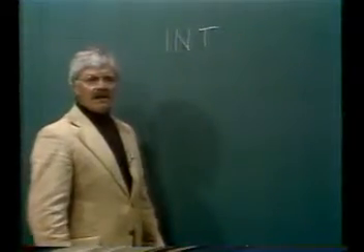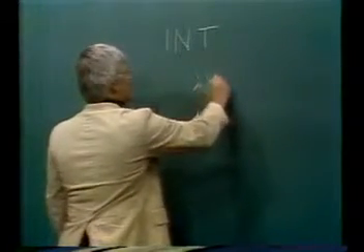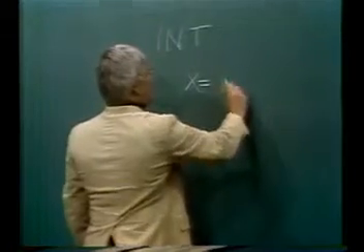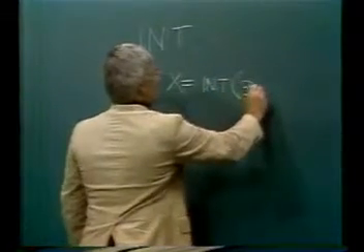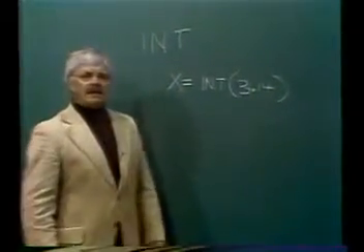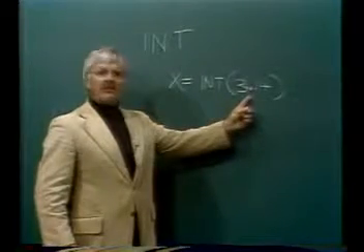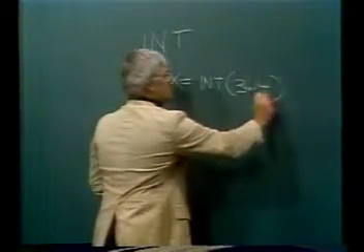To do this, we're going to introduce two new keywords that will be part of the programs we write today. The first keyword has the abbreviation INT, and when we use it in an equation such as this, what it does is act on whatever result is included in parentheses and remove the fractional part.